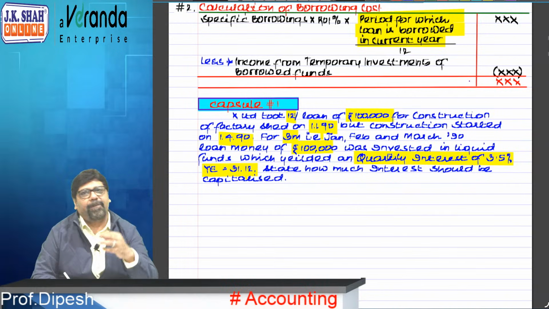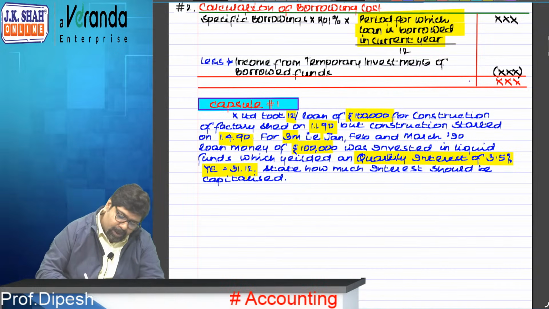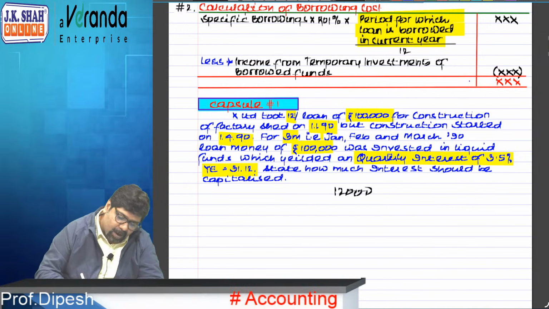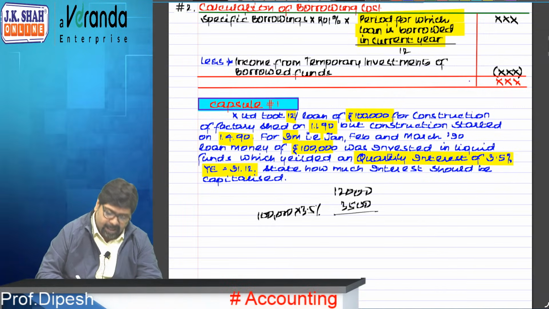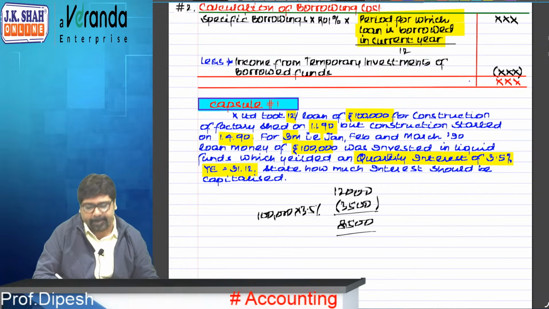That means in the current year, I had loan for entire 12 months. So, 1 lakh at 12%, 12,000 is the interest which I am supposed to pay. This is my actual borrowings less. On that 1 lakh, for 3 months, I will earn interest of 3.5%, that is 3,500. So ultimately my borrowing cost will become 8,500.